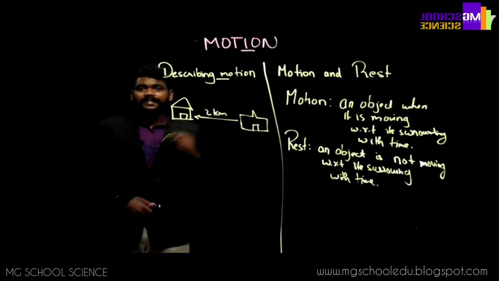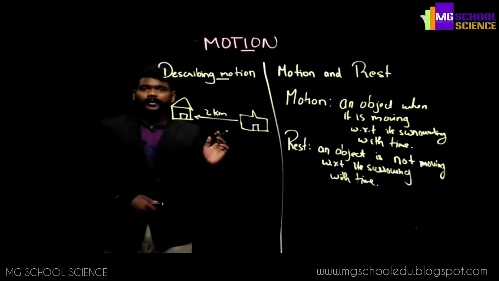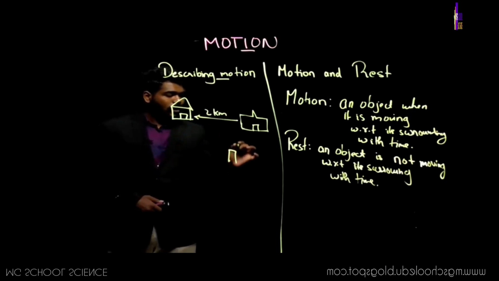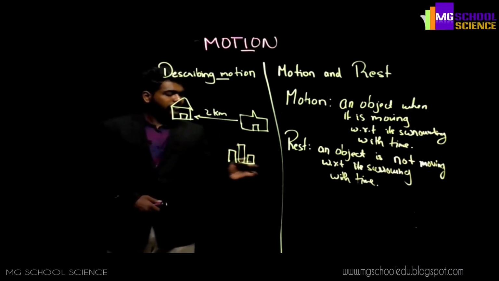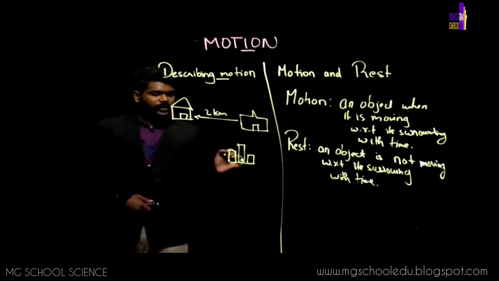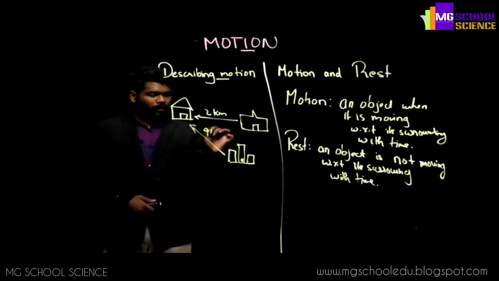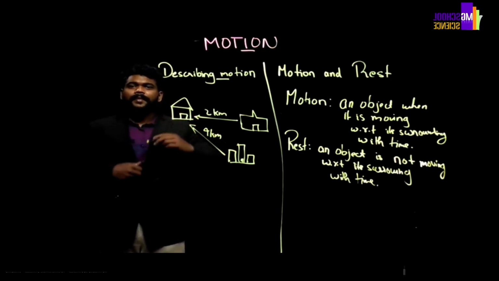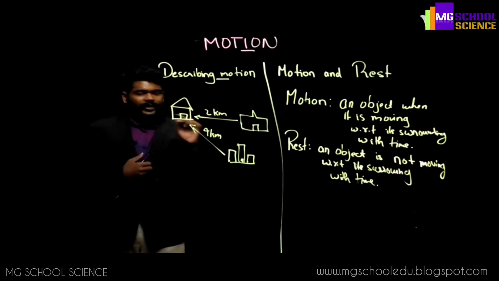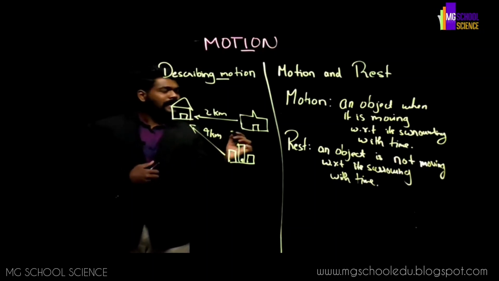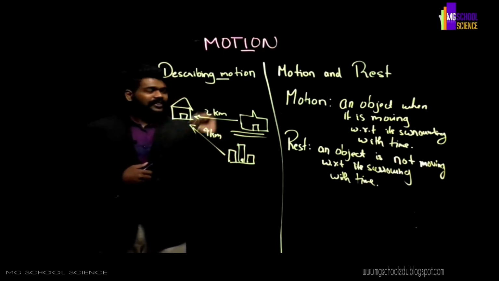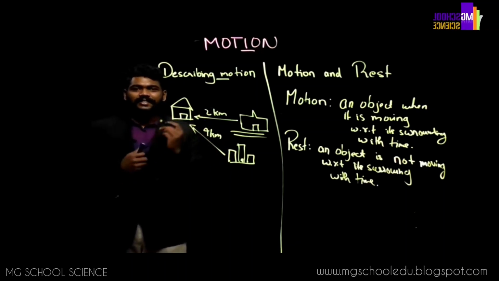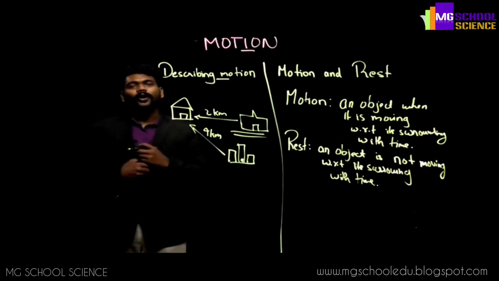It is not necessary that it is always 2 kilometers from anywhere else. Say I am taking an example of a hospital nearby. With respect to that hospital, your school might be 4 kilometers. Therefore, the perception, the definition of motion or rest depends upon the reference point. So, a reference point is a point from which you take or describe the state of rest or motion.